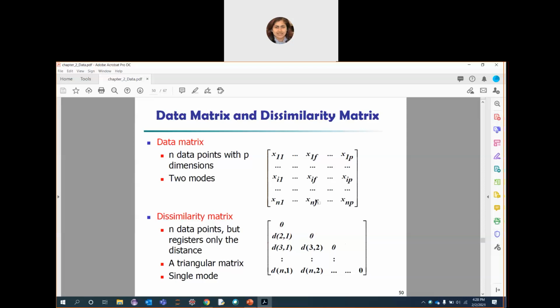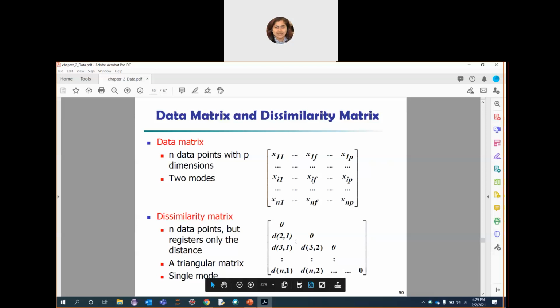Here n is the number of objects and p is the number of attributes of those objects. Each row corresponds to an object, each object has p attributes, and the total shape is n by p.